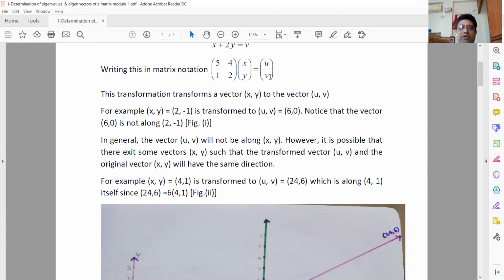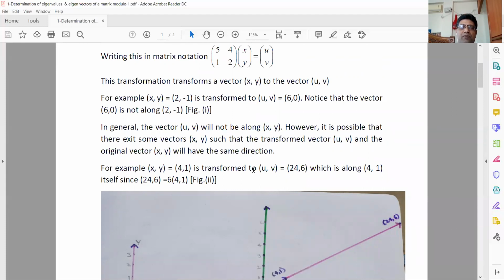But there are some special cases where the resultant vector is in the direction of the vector x comma y. It is possible that there exist some vectors x comma y such that the transformed vector and the original vector have the same direction.